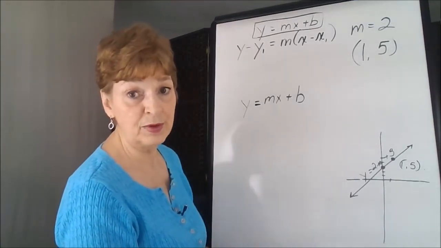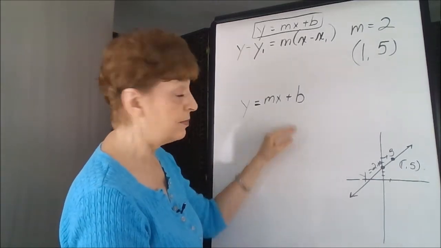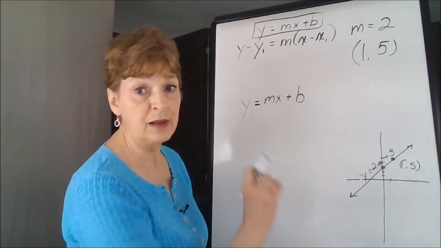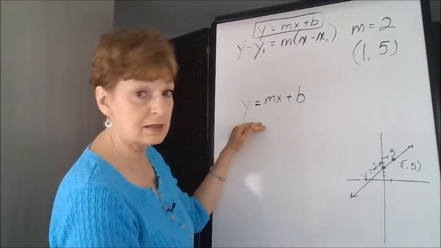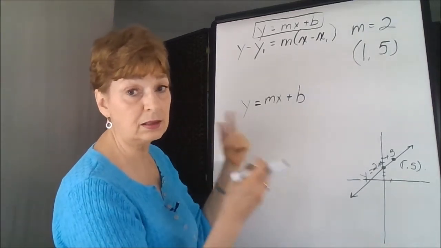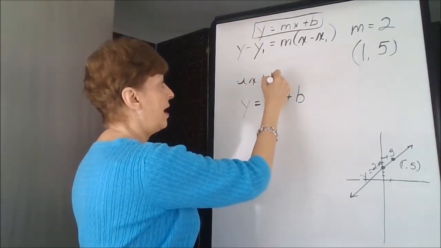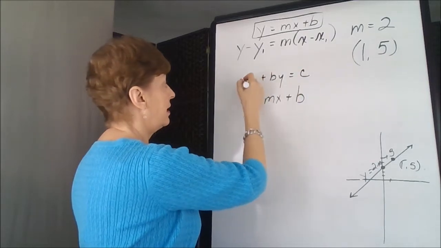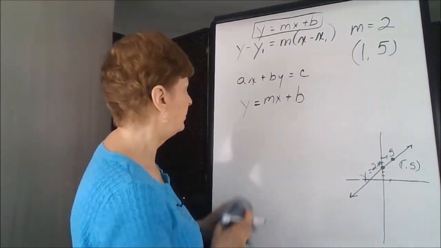We learned how we can play with the terms within the equation and move them from one side of the equation to the other until you get it to look like this. Or you can take this and make it look like the ax plus by is equal to c, that standard. But let's talk about this one right now.